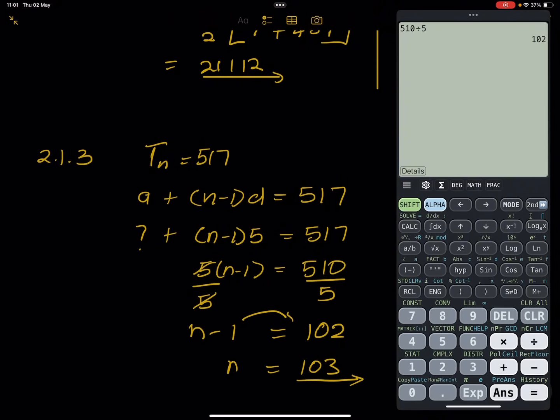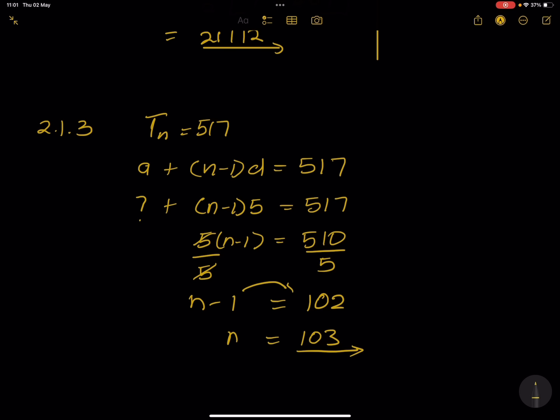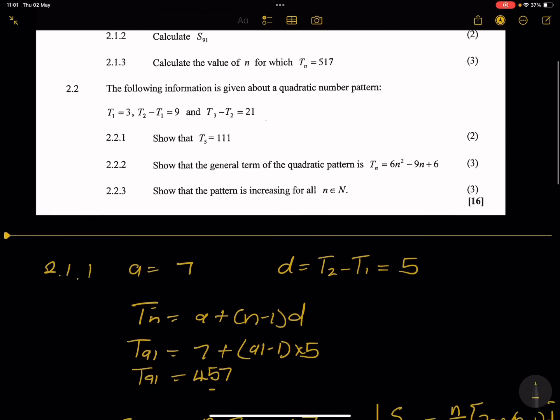So the 103rd term will be equal to 517. Right, so let's go on to the next one.